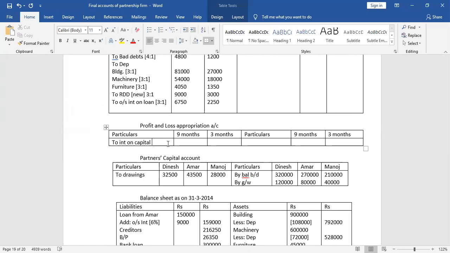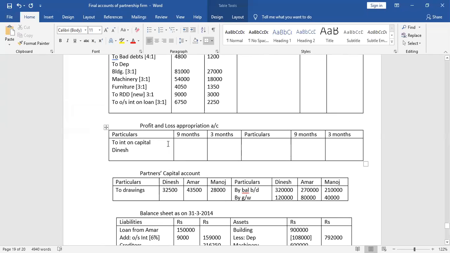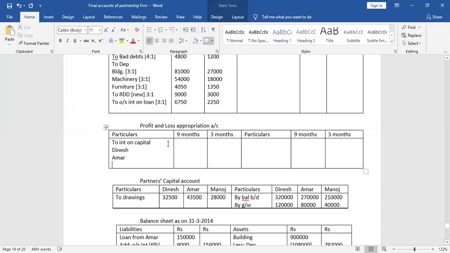कितना अमाउंट किसको देना है? दिनेश, Amar and Manoj.